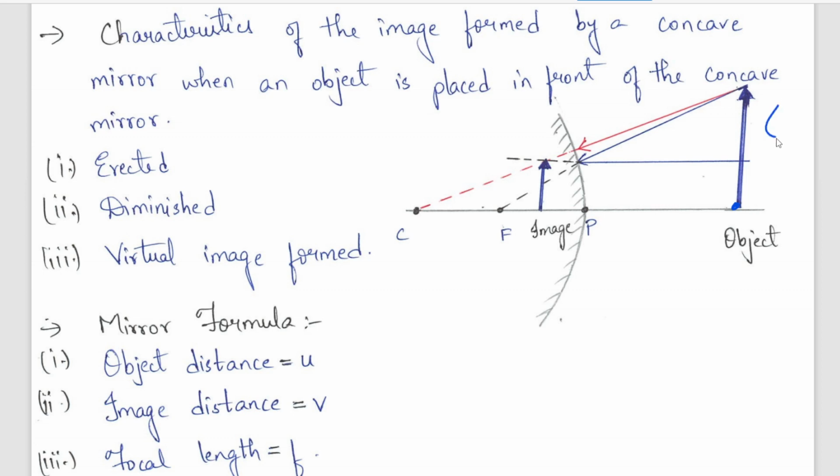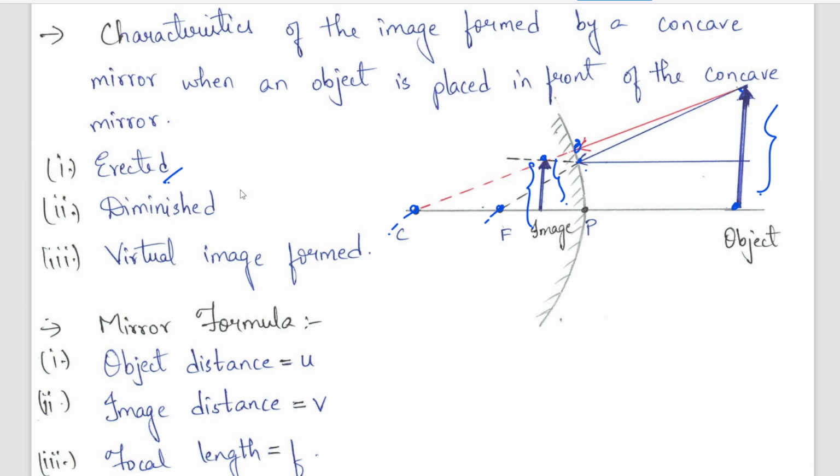This is the object, and this is the image, and as you can see, these are light rays coming and falling on the concave mirror, and if you extend both of them, one is meeting the focus point and one is meeting the center of curvature. So if you draw the intersection point, you will get it here, and the image will be formed here. Let us quickly see the characteristics of this ray diagram.